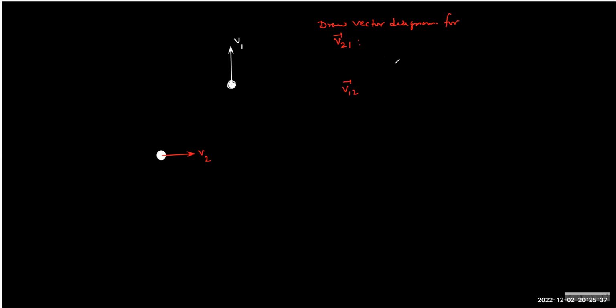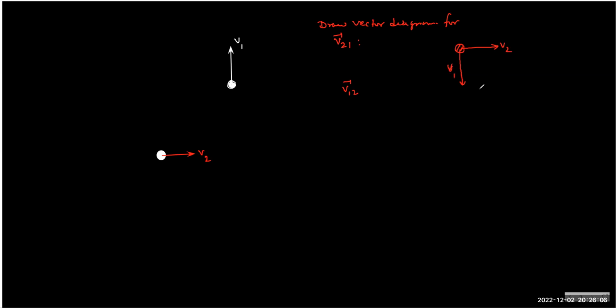So how will V21 look like? V21, velocity of 2 with respect to 1. Now who is the observer here? 1. So 1 will give its own value to the other and 2 will continue with its own value, isn't it? So how will the vector diagram be? Isn't it like this and like this?